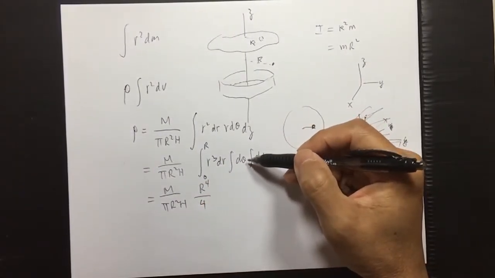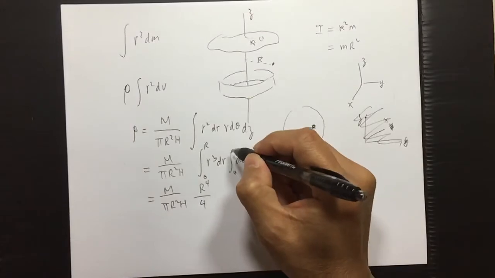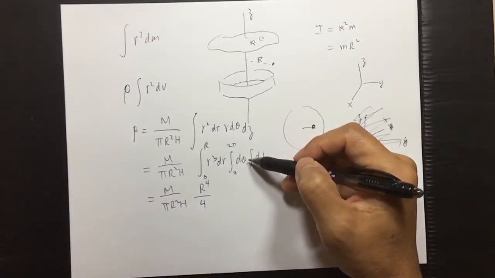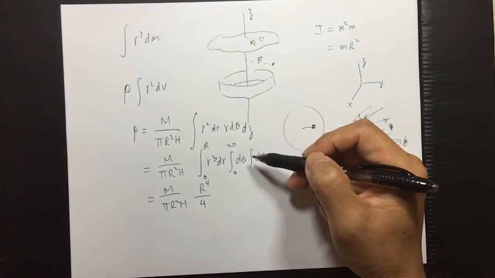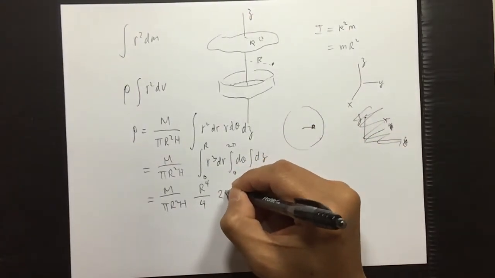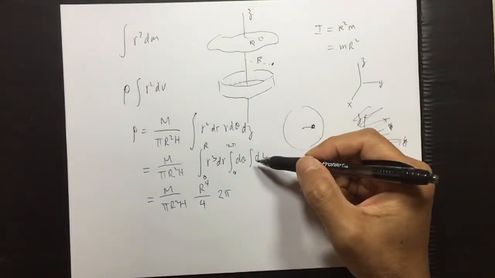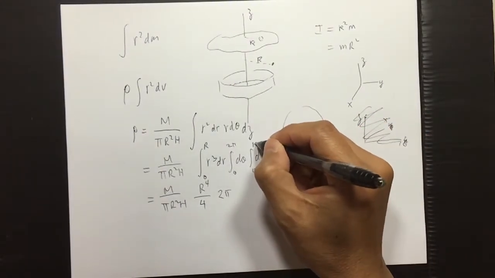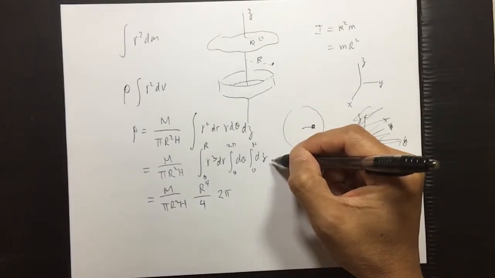And this is theta from 0 to 2 pi, because you're going all the way around. And this from 0 to h is h.